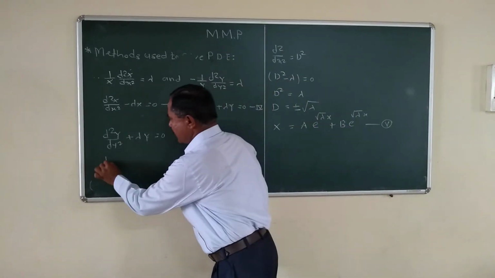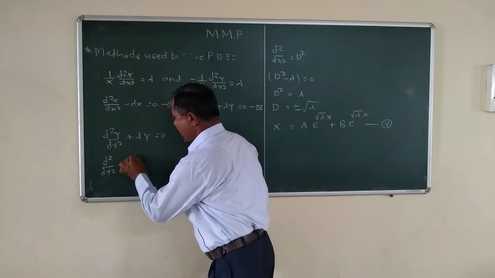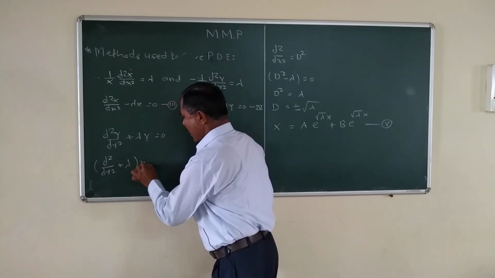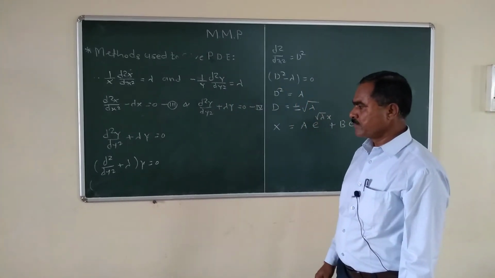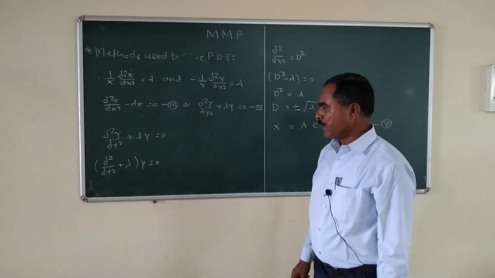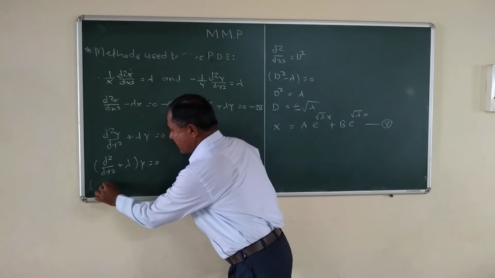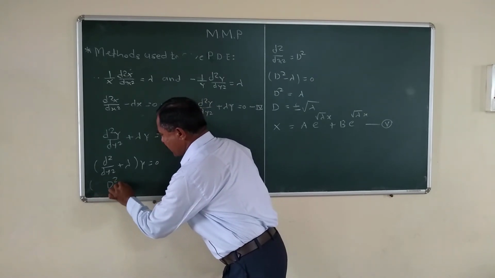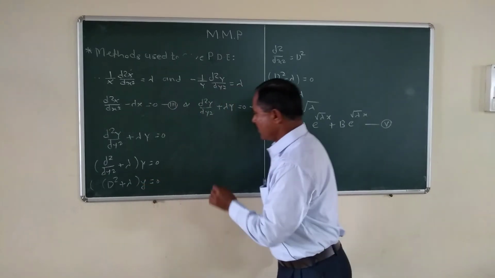Again we substitute d square by dy square as the operator capital D square. So substituting this, we write this equation, D square plus lambda into Y equal to 0.